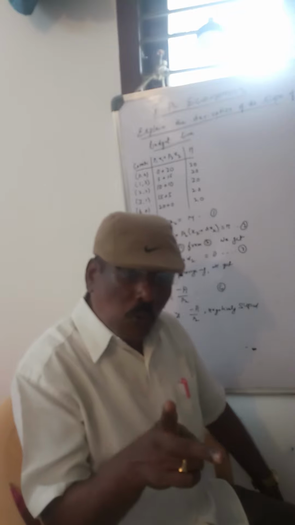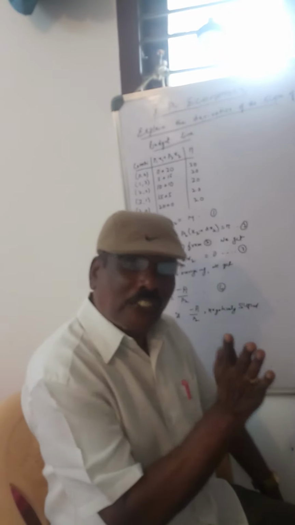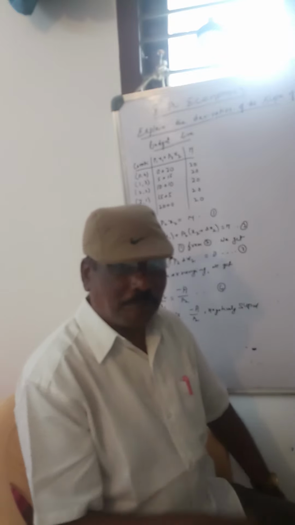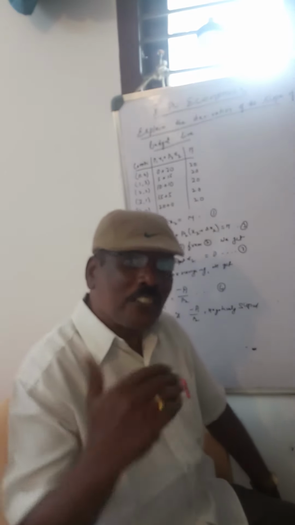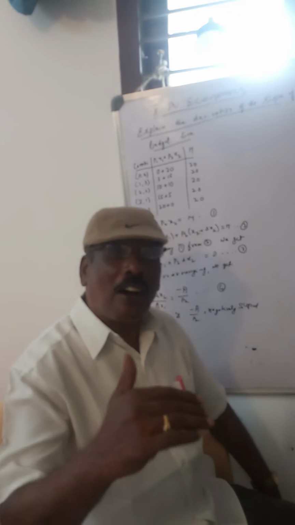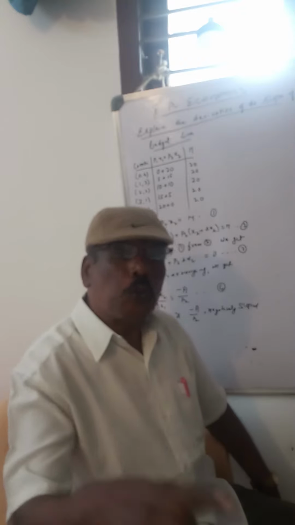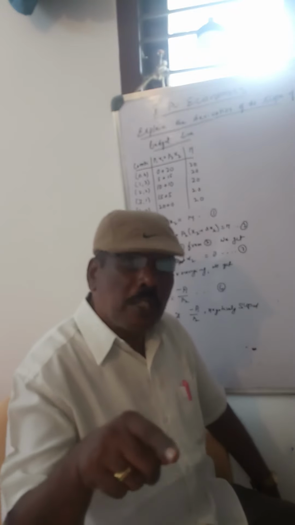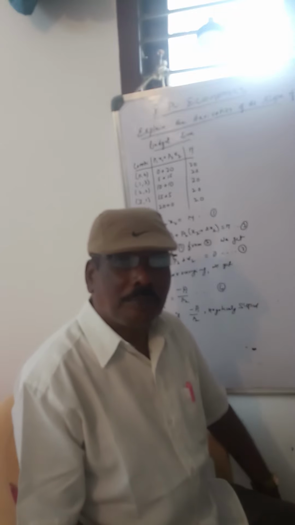You must know the difference between budget set and budget line. Budget set refers to the set or the collection or the different combinations of two goods which can be purchased by a consumer with his income at the given prices.